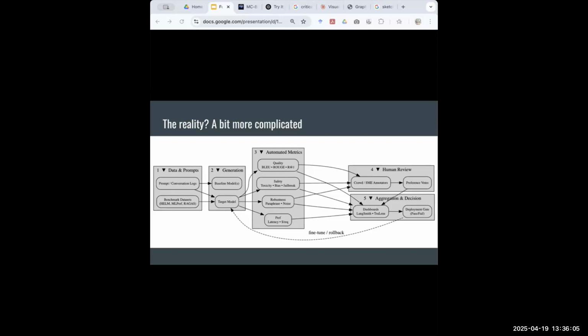And we need to identify the critical aspects or areas where we can automate, and there are areas where we cannot automate. Of course, the goal is to make this process as automated as possible so we can scale it up, right? That's why a human review process is involved in this whole evaluation process.